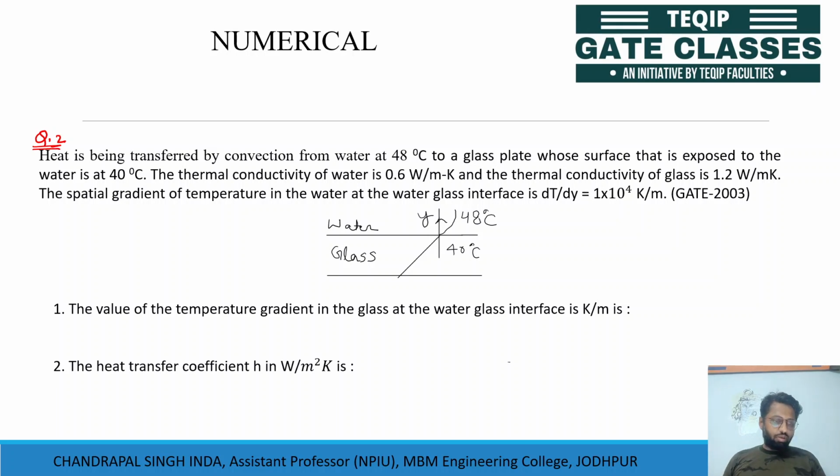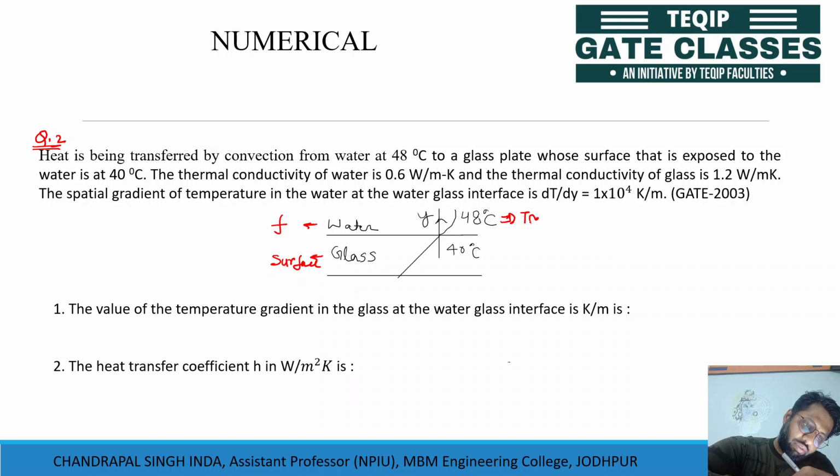Heat is being transferred by convection from water at 48 degrees centigrade. So the fluid is water and the solid surface is a glass plate exposed at 40 degrees centigrade. So the temperature of the fluid, T infinity, is given, and T surface is 40 degrees.